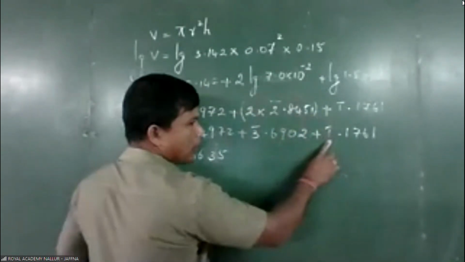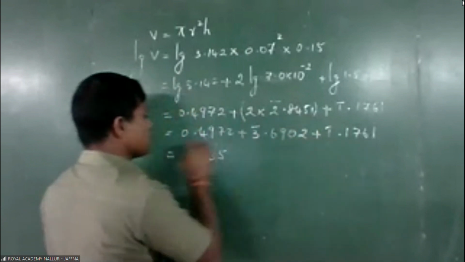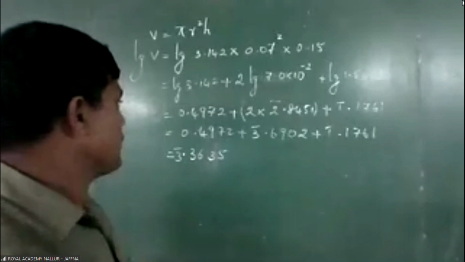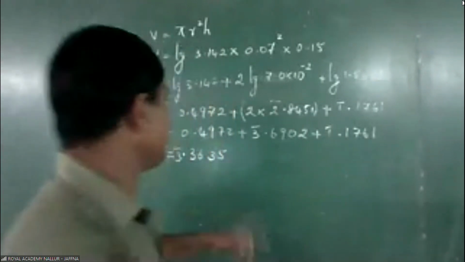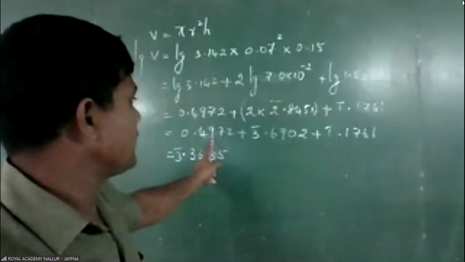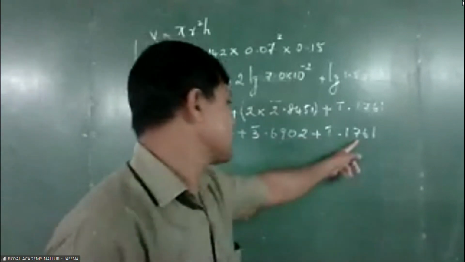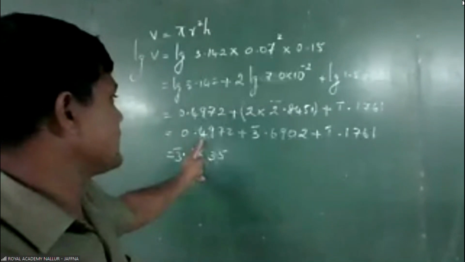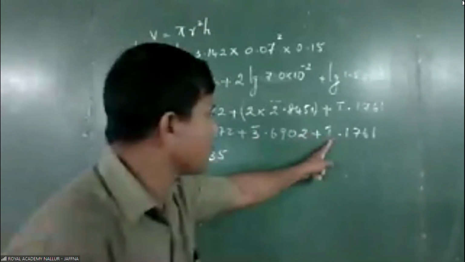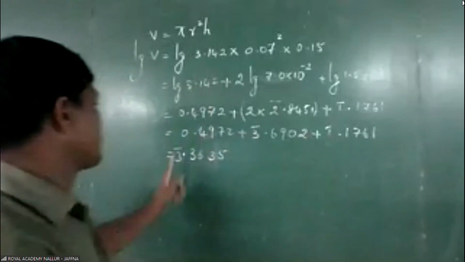That plus 1 and bar 1 cancels, therefore bar 3 will be there. Is it correct? Right?